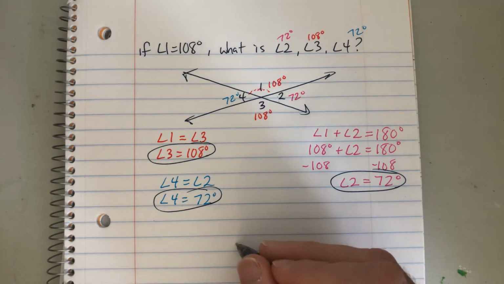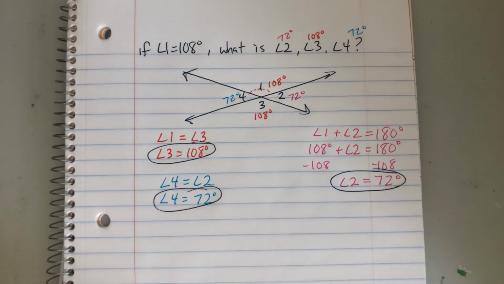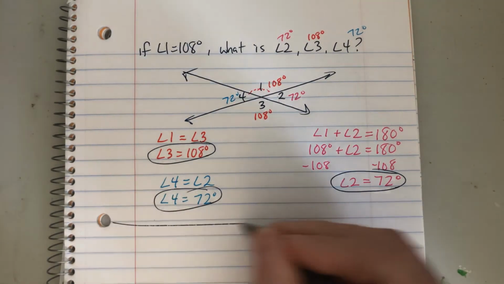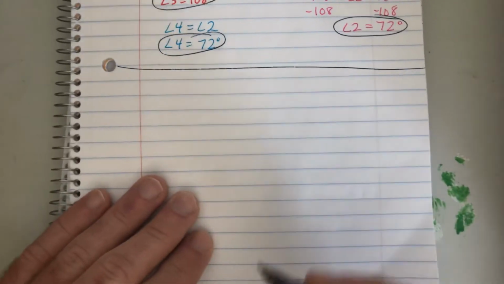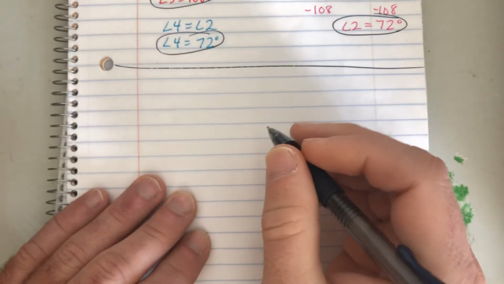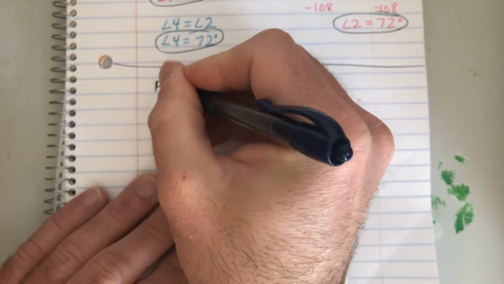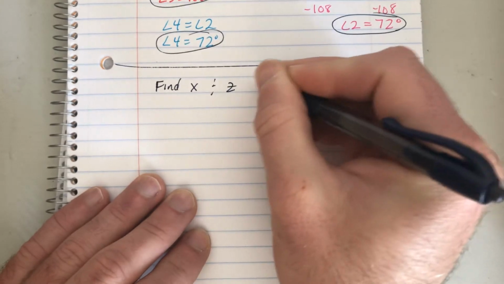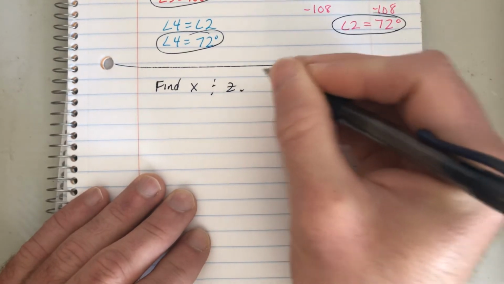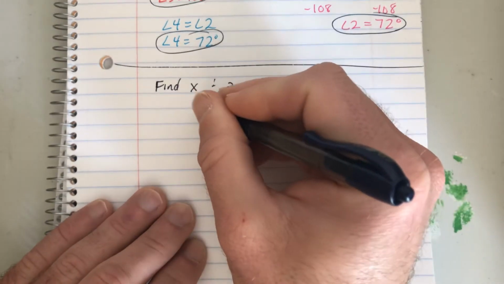One other quick one here. Let's see here. This one's a little bit more challenging. We're going to try and find what x and z equal. Okay, let me draw a quick picture for you.